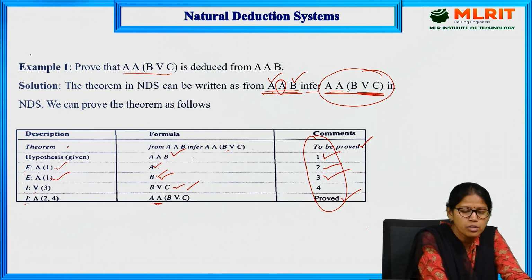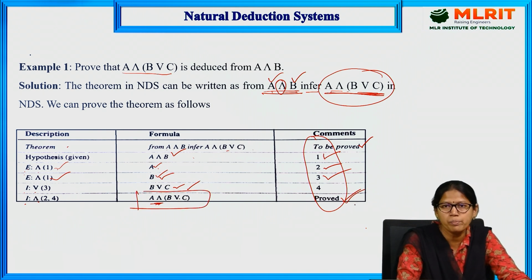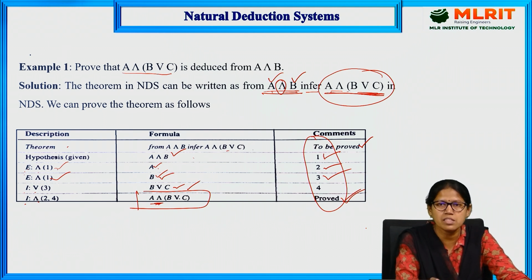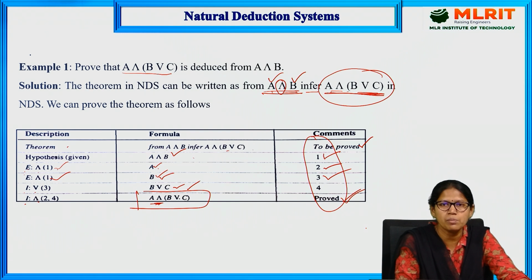So introduce and 2, 4. So that will reach the conclusion. That will be proved. So in natural deduction system, it is all about assumptions, hypothesis, what we need to introduce, what we need to eliminate. We already have all the deductive inference rules. By using those rules, we need to get the conclusion.